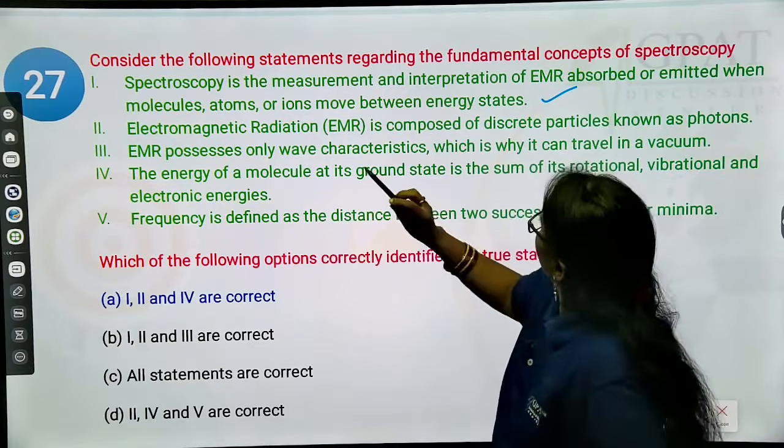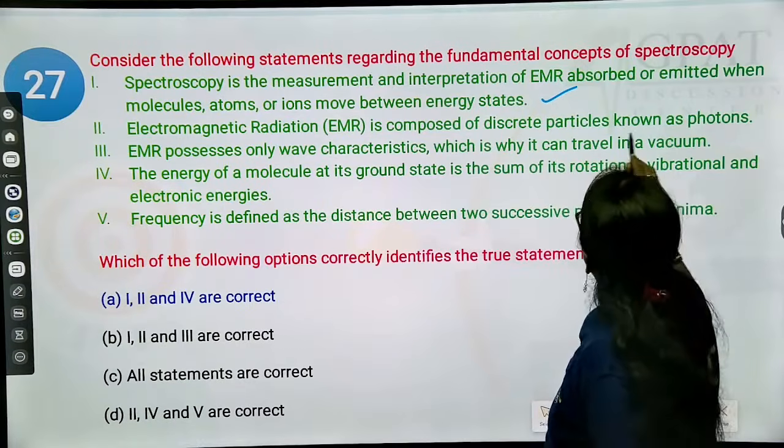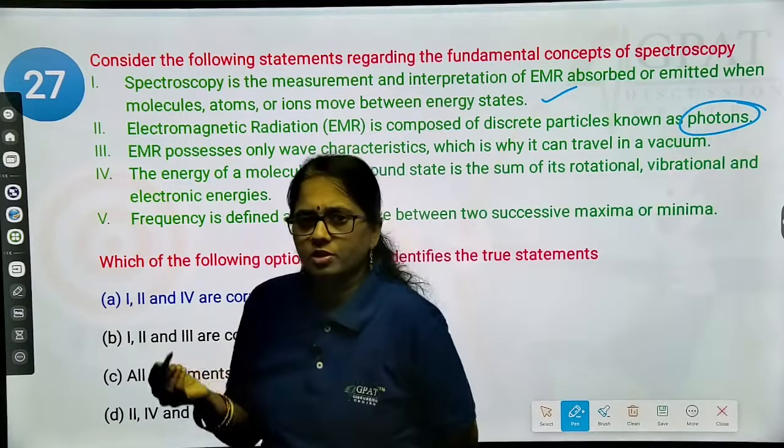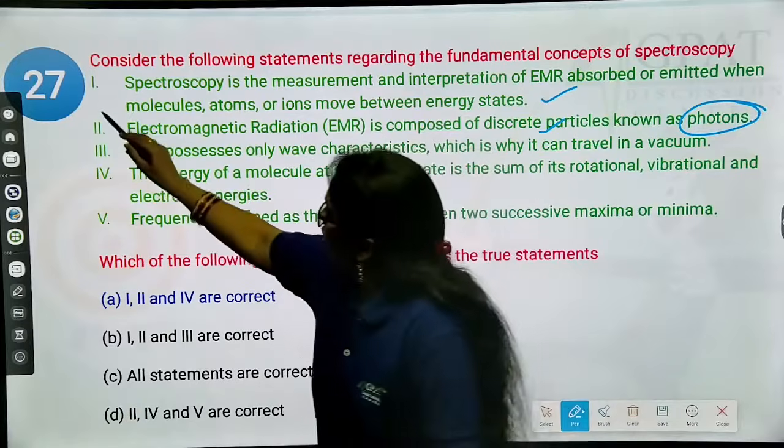Next, electromagnetic radiation is composed of discrete particles known as photons. Definitely EMR possesses photons. So this statement is also right. 1 and 2 are right.